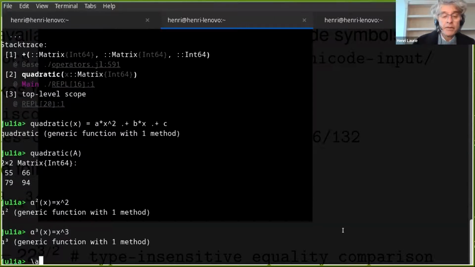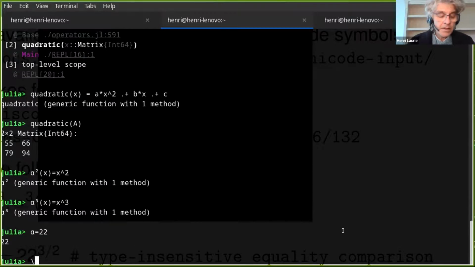And now I can say I want alpha itself to be equal to 22. So alpha by itself is just another symbol. It's the name of a symbol that looks very similar to the other symbols that denote functions, but this just denotes the integer 22. And now I can say SQRT. You can usually try a LaTeX abbreviation like SQRT, just backslash and then tab, and it does come up.